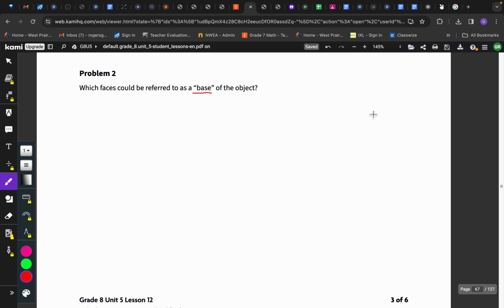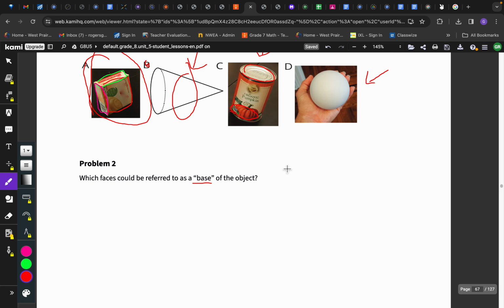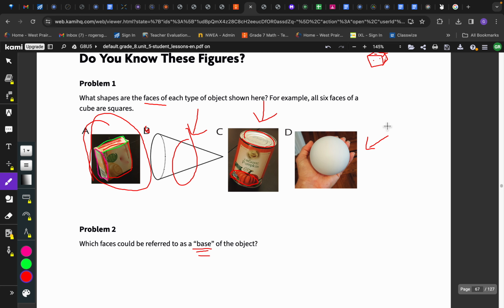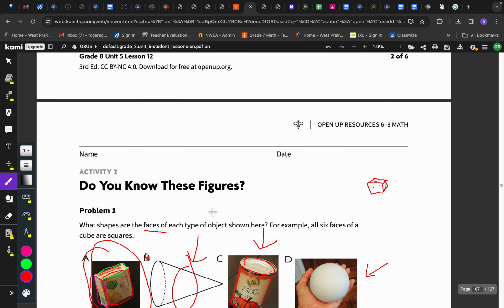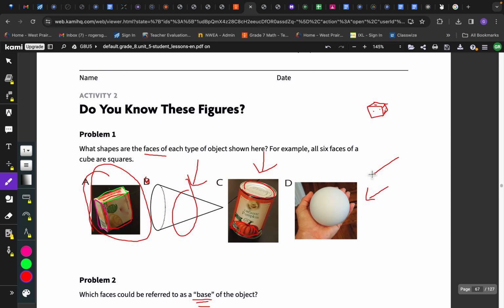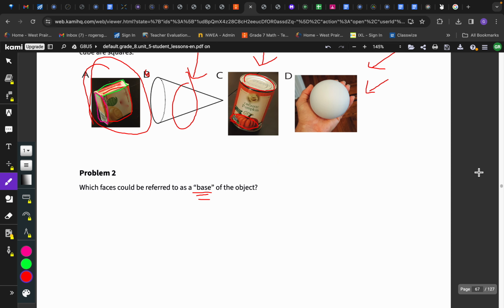Now it says, which faces could be referred to as the base? If you guys don't know what base means, first off, back up to the vocabulary. This is a cone. Back up here it says a cone. We kind of probably suspected that you knew that. And this is a sphere. Mathematical term for that ball is a sphere.